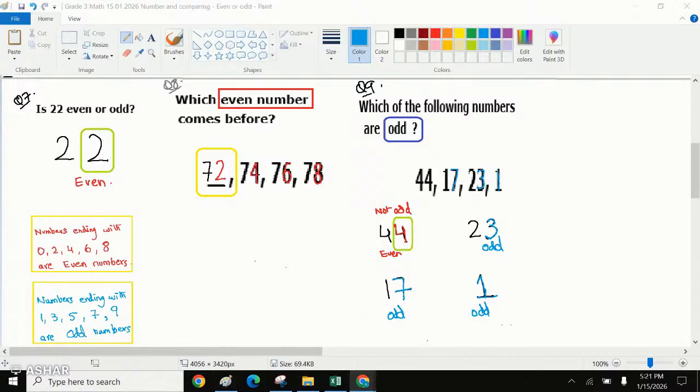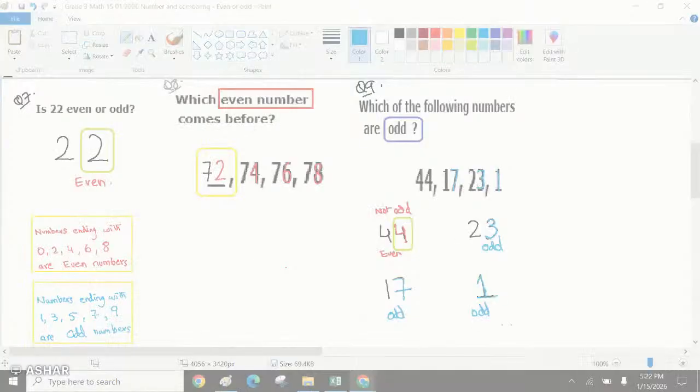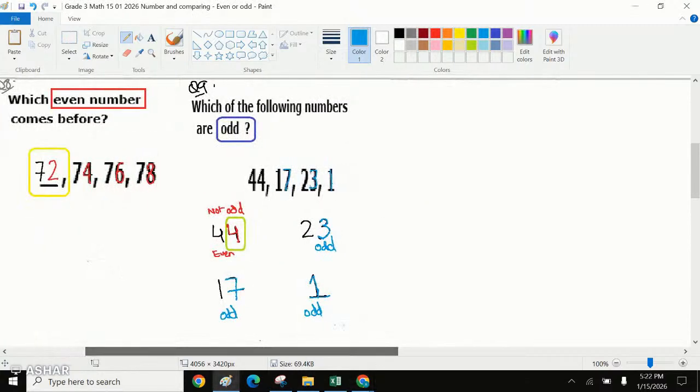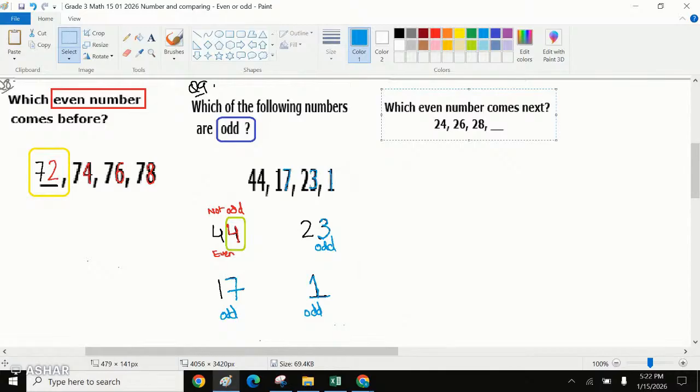The next question we have is, which number comes next? You need to read the question. For question number 10, it says, which number comes next? We need to see whether they're asking about an even number or an odd number.